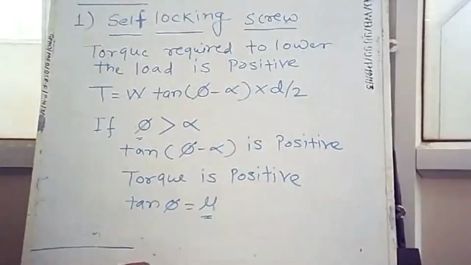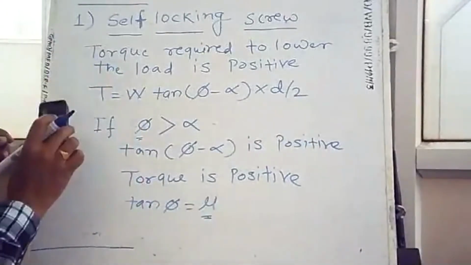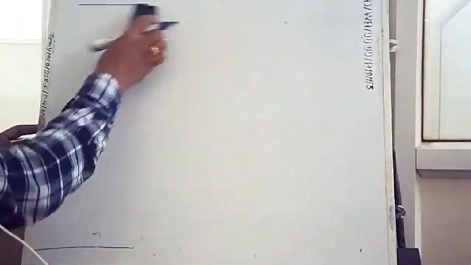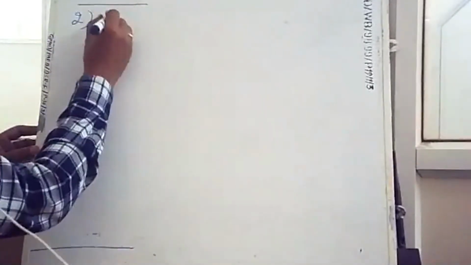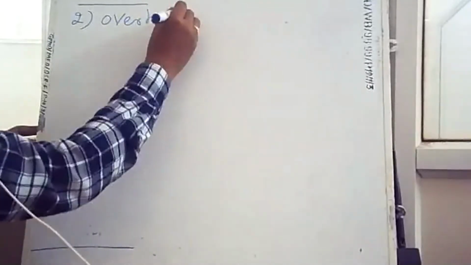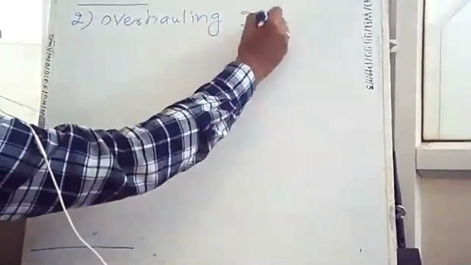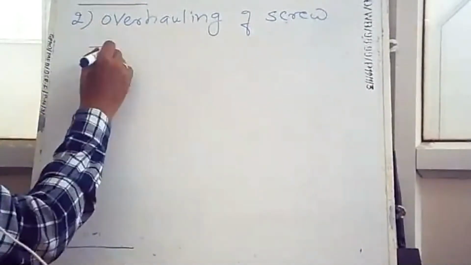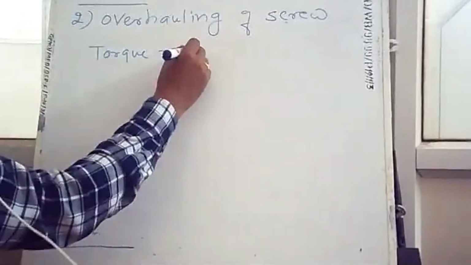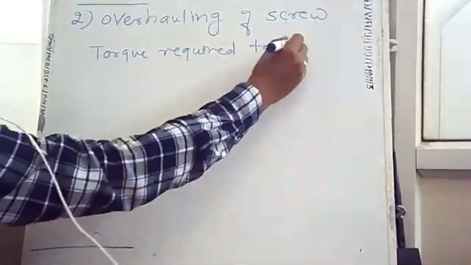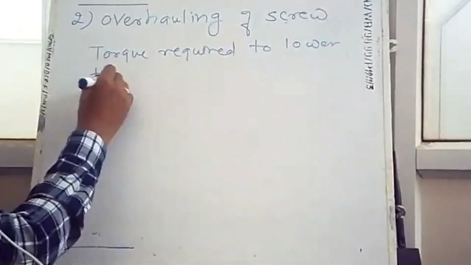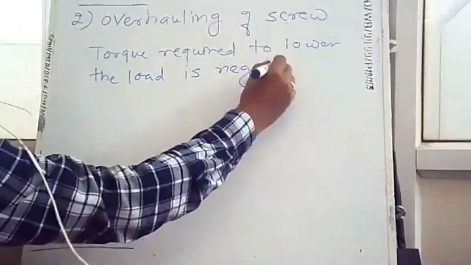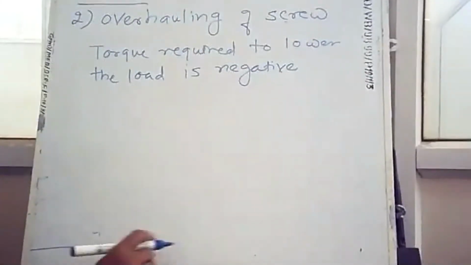Now this is asked for 4 marks: what is meant by self-locking? The second thing is overhauling of screw. In the overhauling of screw, if the torque required to lower the load is negative, then this condition is called overhauling of screw.